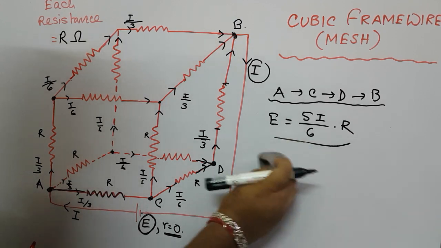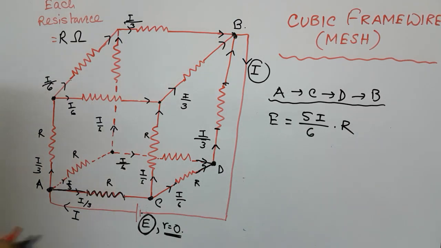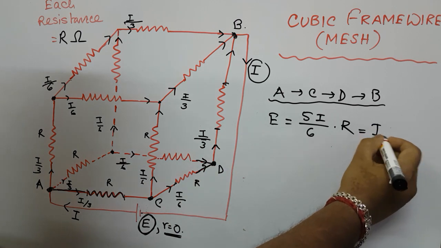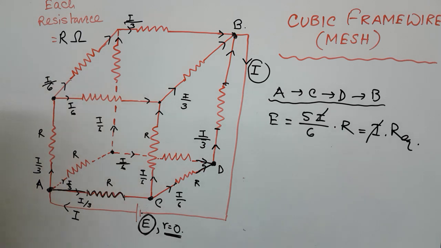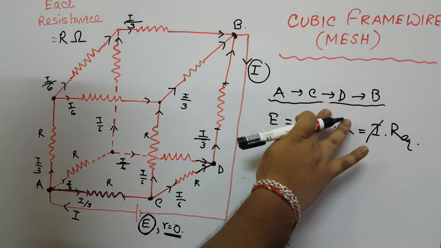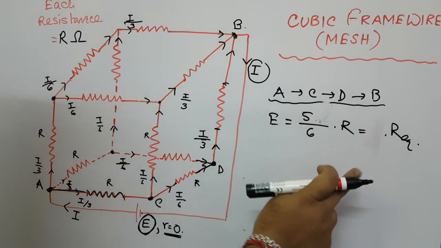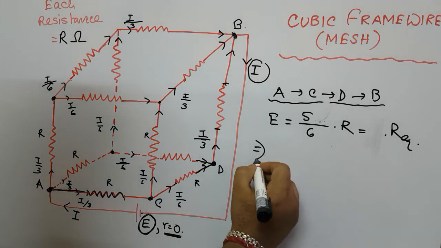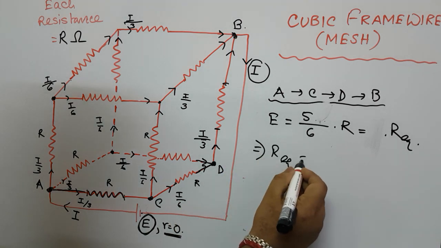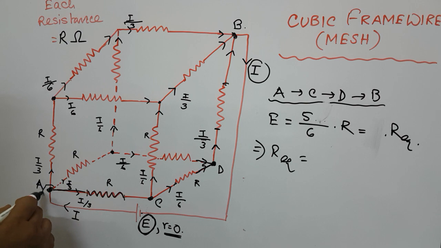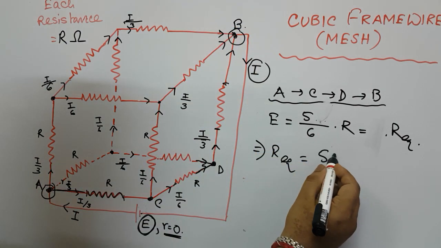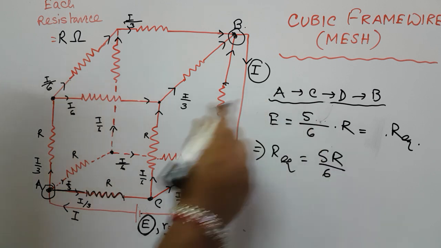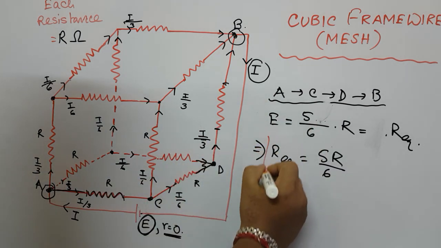I will cancel out. So the equivalent resistance between these two diagonally opposite points A and B will be 5R by 6. This is your answer.